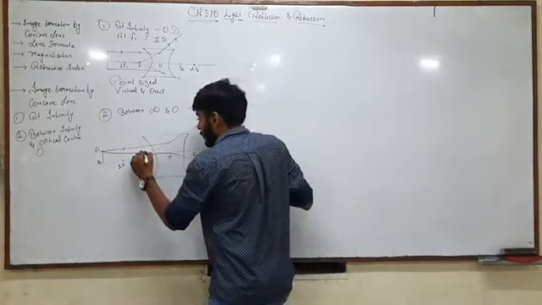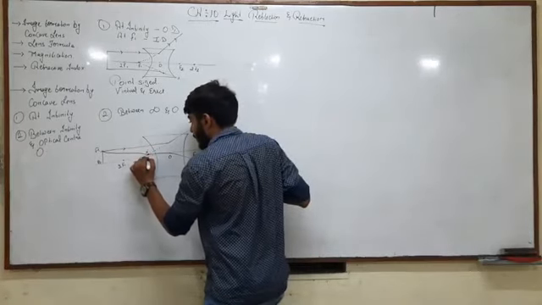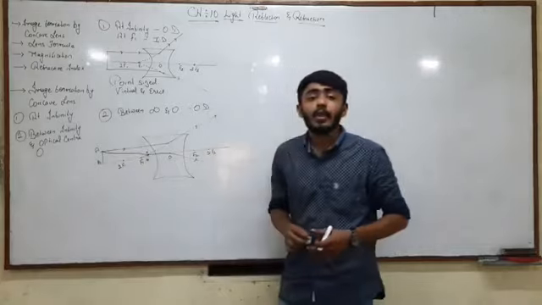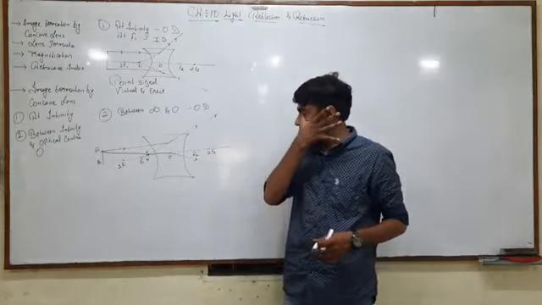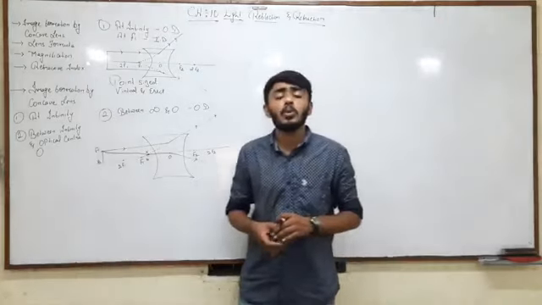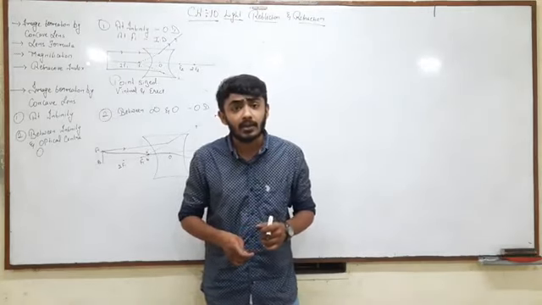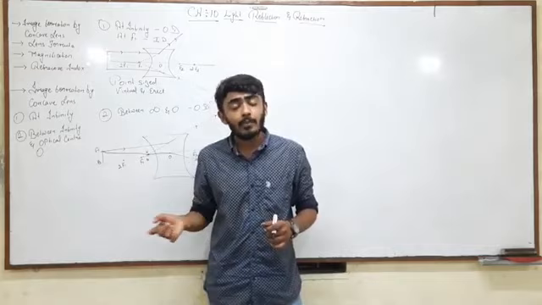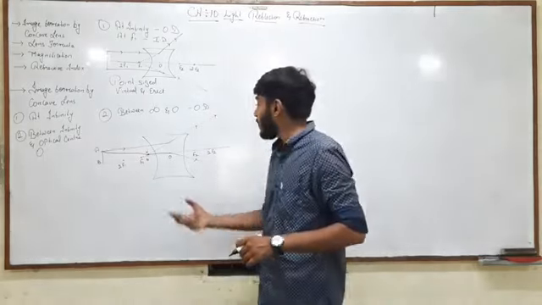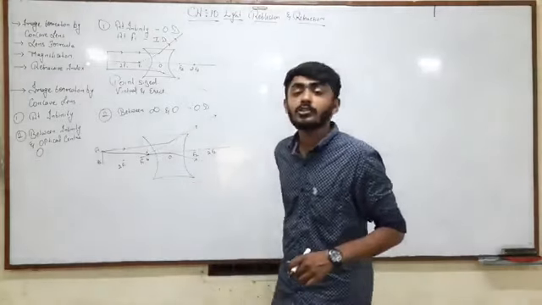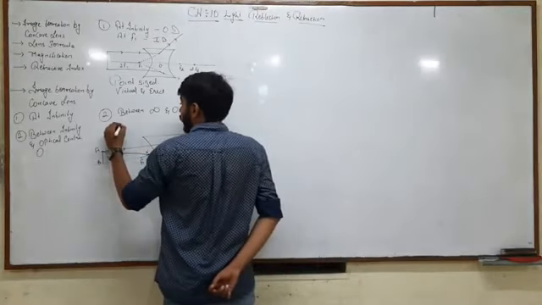So this will be your A prime, B prime. So students, you can see that if the object was kept between infinity and the optical center, the image can be found between the optical center and the focus.